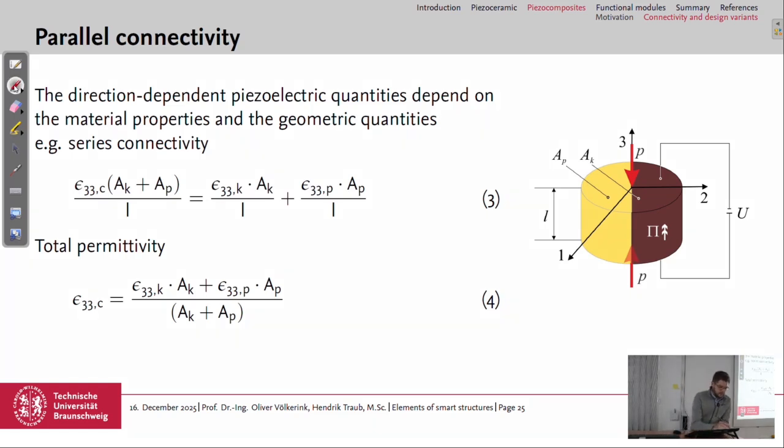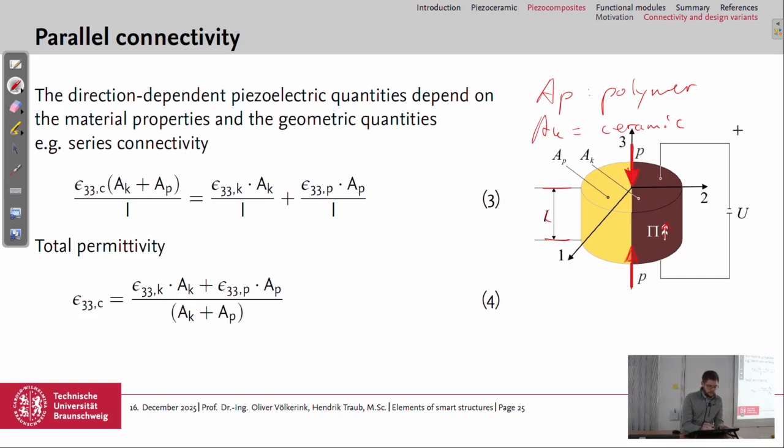And we can do the same for parallel connectivity. Now we both have the same length or height. We have again field in the 3 direction and also a force here. But now the cross section is divided in Ap for the polymer and Ak for the ceramic.